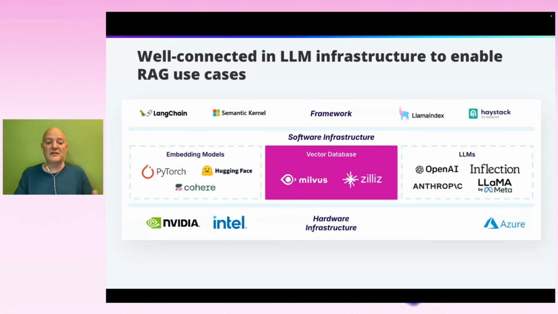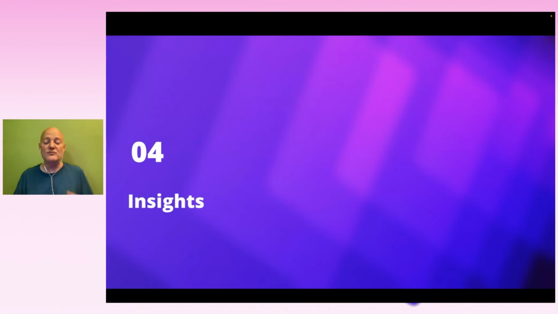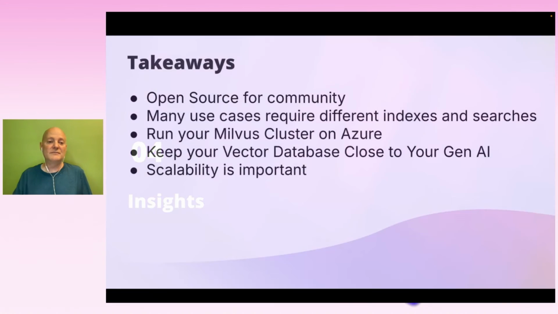PyTorch has some, Hugging Face, Cohere, OpenAI, a ton of different options there. And you can work with all the major LLMs. There's just a couple of examples, but there's connectivity to almost all of them, whether it's OpenAI or any of these other ones, run on Intel and NVIDIA hardware, and obviously install on Azure without too much difficulty.